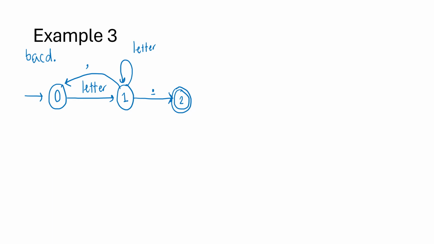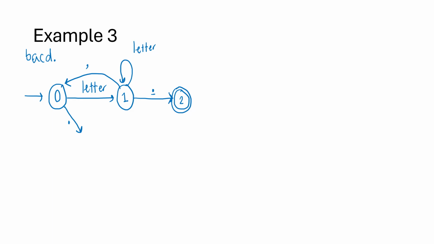Now the bad cases. This covers the cases that we are going to accept, but there are other cases where we immediately realize that this stream is not going to be accepted no matter what follows. One case is if we start with a period.